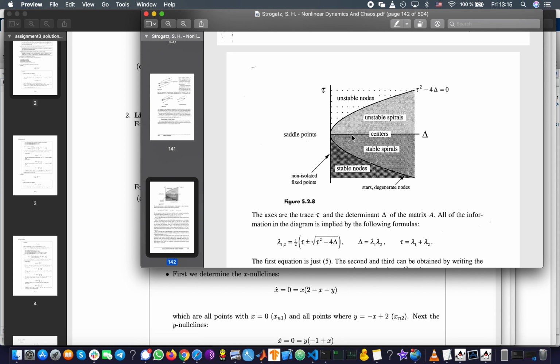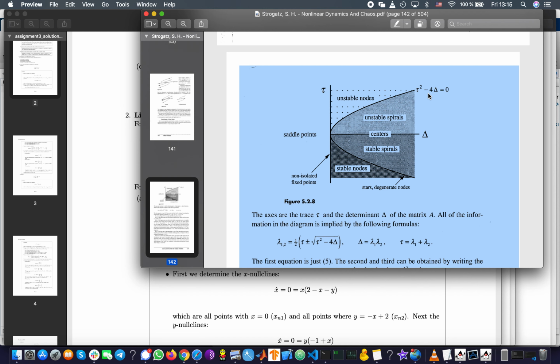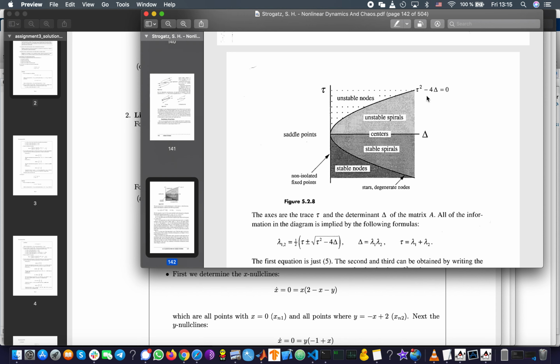And if it is under this curve of tau squared minus 4 delta equal to 0, then you have spirals with imaginary parts, because tau squared minus 4 delta is negative and under a square root, therefore you have oscillation, whether spiral or center.